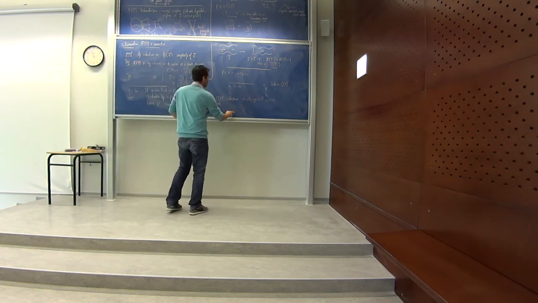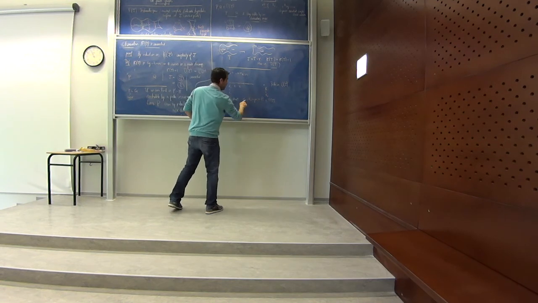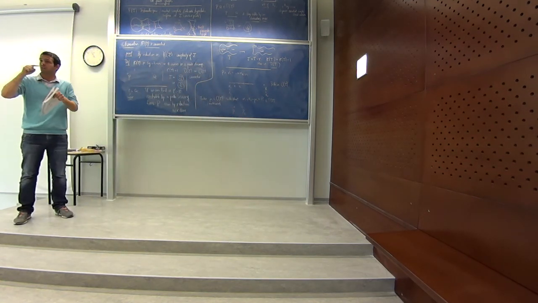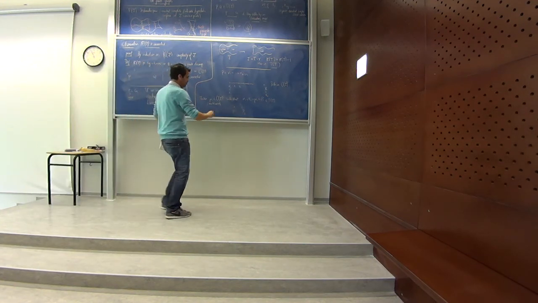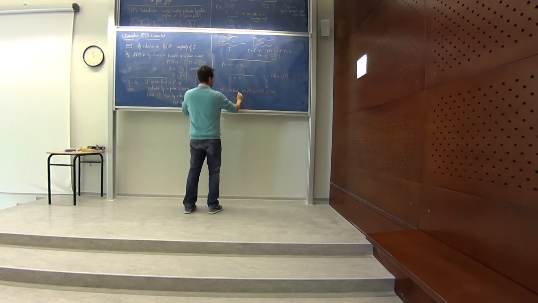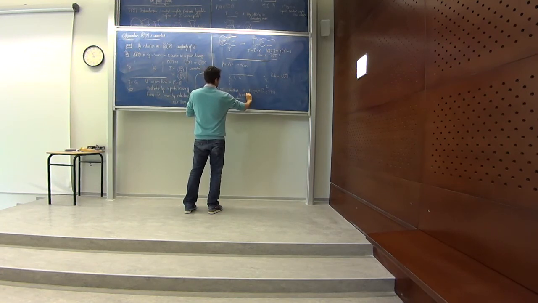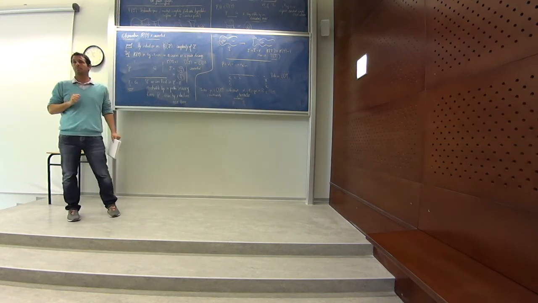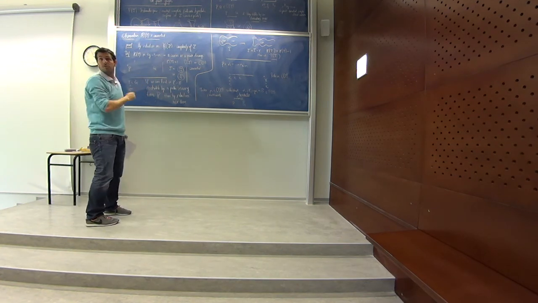So P has alpha 1, and P1 has alpha 1. So they have a curve in common. So by induction, there's a path that goes from P to P1. Maybe it makes many stops, but there is a path that goes from P to P1. Okay, because they have alpha 1 in common. The same argument that I used above.